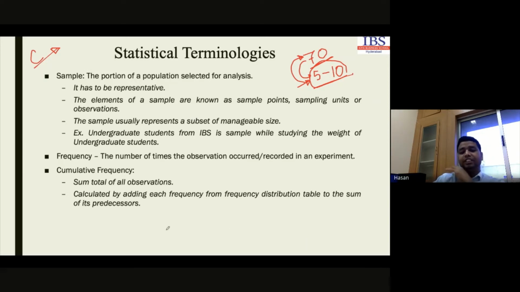Look at this one, cumulative frequency. What is cumulative frequency? If we go by the dictionary meaning, cumulative indicates the total sum.